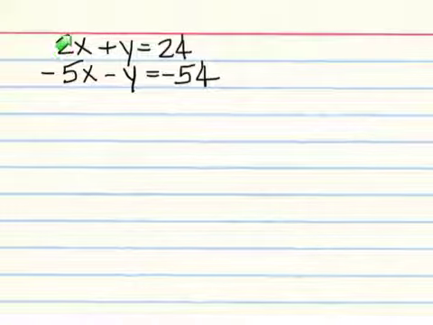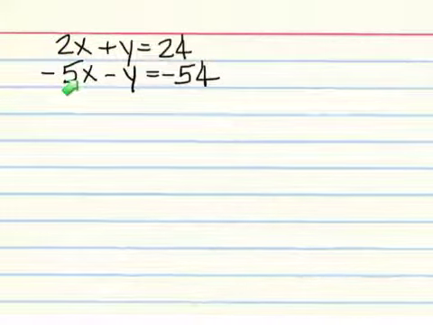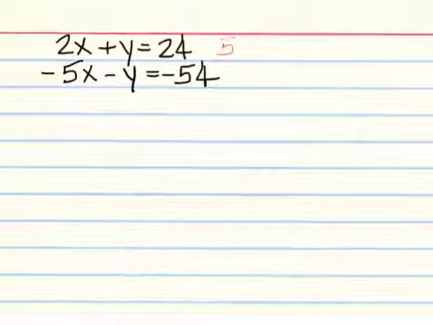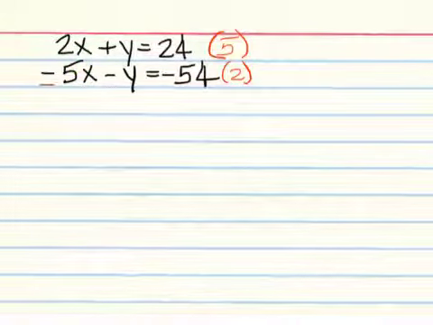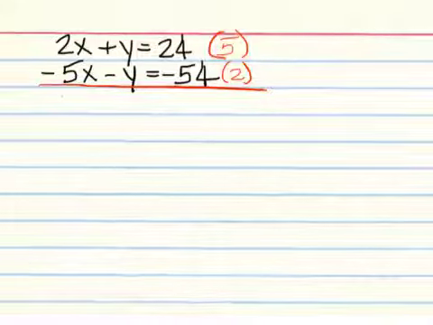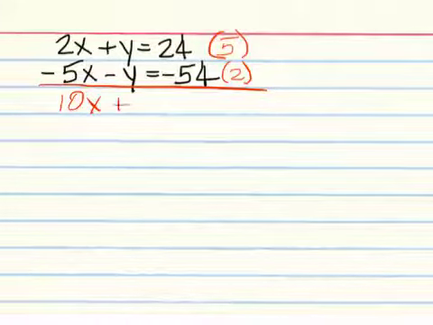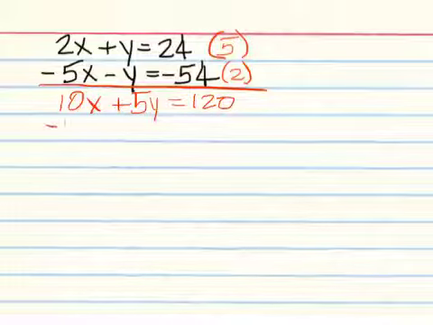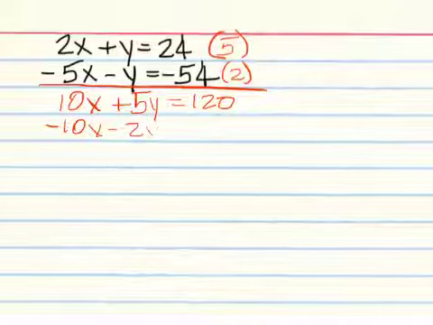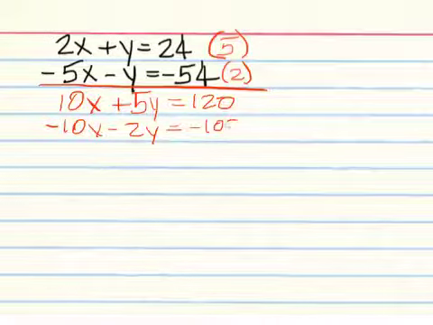Notice you have a 2 and a 5 out here on the left, so you're going to have to multiply the top by 5 and then the bottom by 2 to get tens in this position. When you do that, you end up with 10x plus 5y equals 120, and on the bottom, negative 10x minus 2y equals a negative 108.